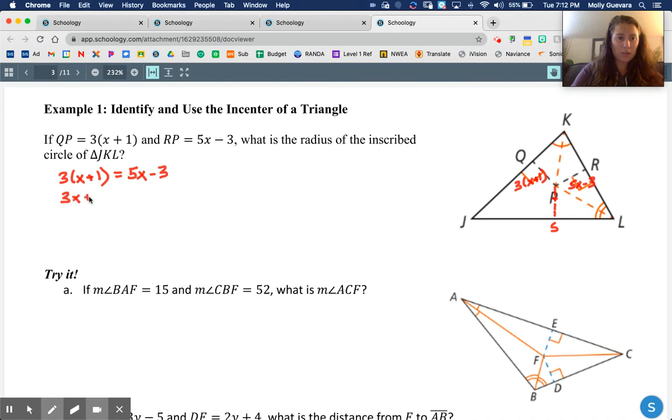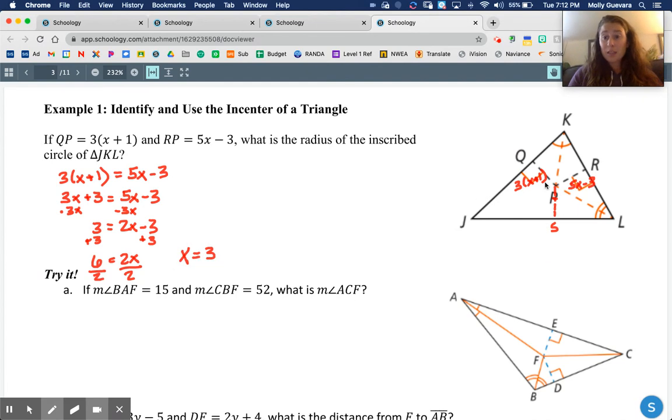So 3x plus 3 equals 5x minus 3. Let's subtract this 3x. So I get 3 is equal to 2x minus 3. Add 3, add 3. 6 is equal to 2x. I'm going to divide both sides by 2, and I get x equals 3.